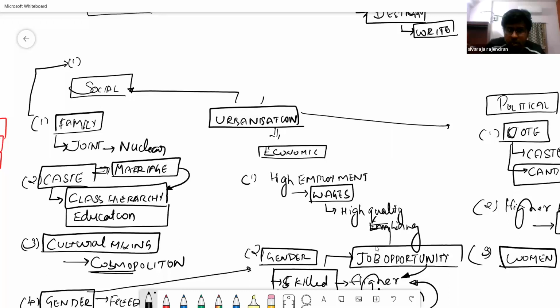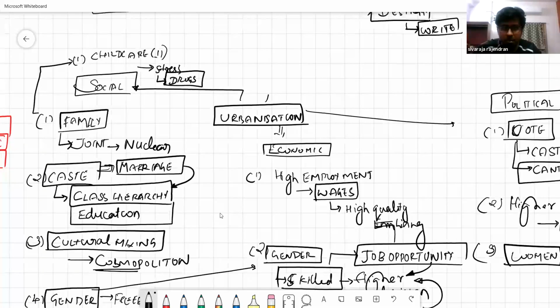See this: joint family becomes nuclear family, hence child care becomes low, hence stress, hence drugs, correct? So we discussed the positives, but negatives also happen.